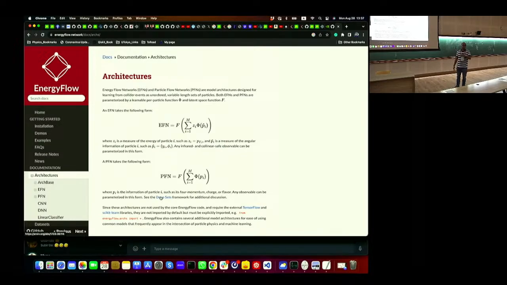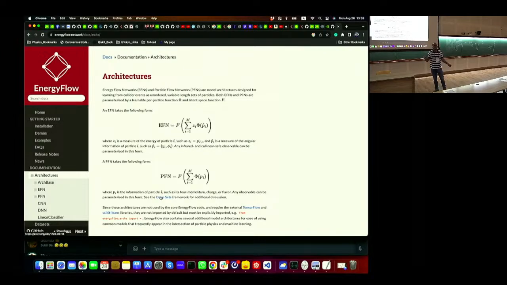What I didn't put in my notebook is how to write the energy flow network, where you can think of the energy flow network as given, what is Zi is given, right? So you can take Pi hat in this formula as a stack of the d eta and d phi of the individual particles, and use Zi to be the pt of the particle.